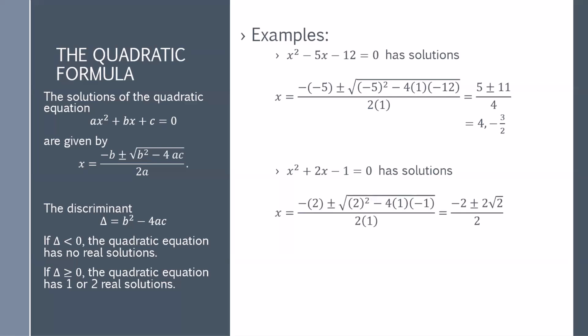So x is going to be negative 2 plus or minus the root of 2 squared minus 4 times 1 times negative 1, over 2 times 1, or negative 2 plus or minus 2 root 2 over 2. Negative 2 plus 2 root 2 over 2 is negative 1 plus root 2, and negative 2 minus 2 root 2 over 2 is negative 1 minus root 2. So those are our two answers.